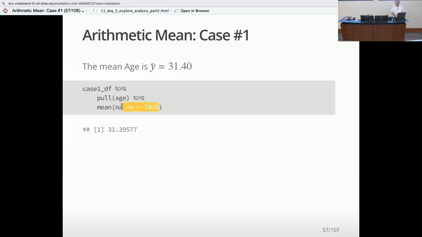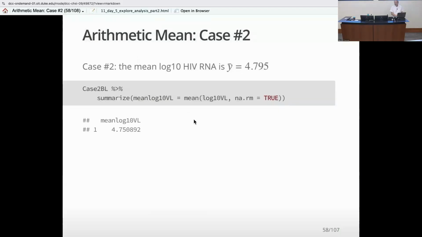Often this is what you want to do, but you shouldn't do it blindly. So our mean age is 31.4. And similar for case 2, for the log 10 viral load. Actually, here I'm using a slightly different way of doing it, the more tidyverse way, using the summarize function.